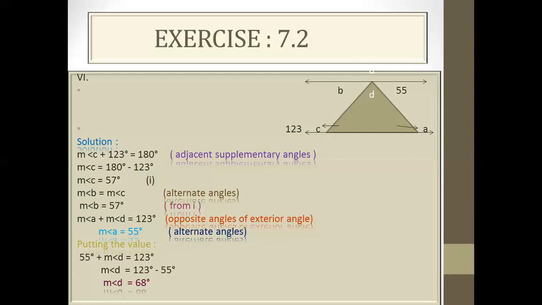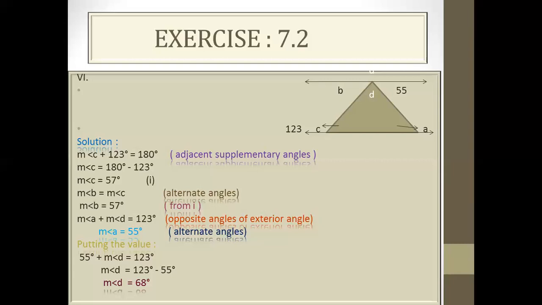You can also calculate D by adding B plus D plus 55: putting the value of B as 57, 55 plus 57 plus D is equal to 180, and after simplifying, the value of D becomes 68 degrees.